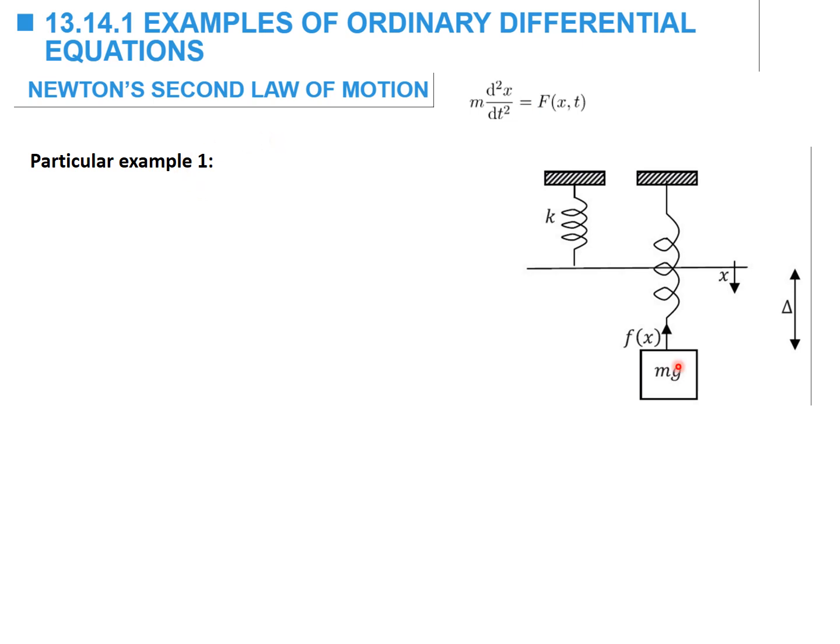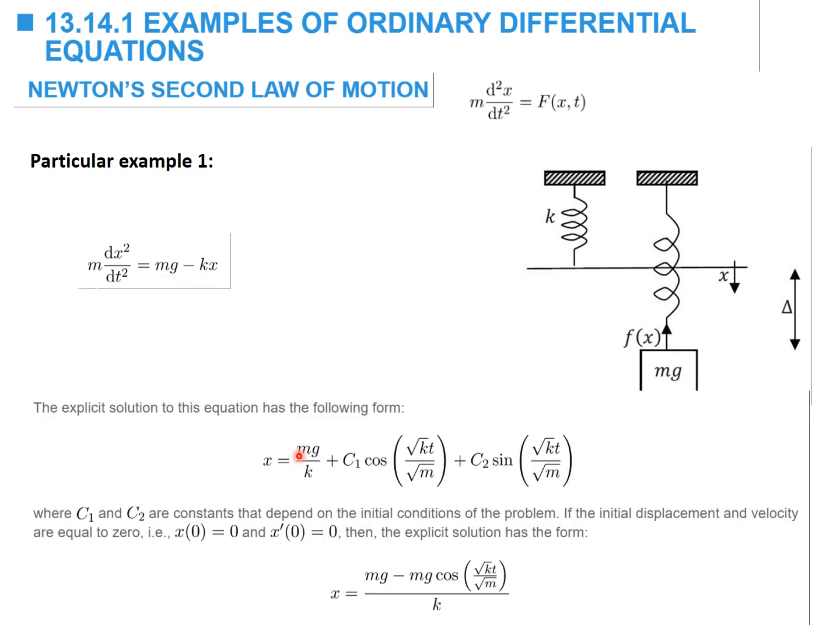If we apply this Newton's law of motion on a particle with mass m under the gravity load and with a spring force F, the differential equation becomes mass multiplied by the acceleration, which is the second derivative of the position, is equal to the forces acting on the particle. The forces are the gravity force minus kx, which is the force in the spring.